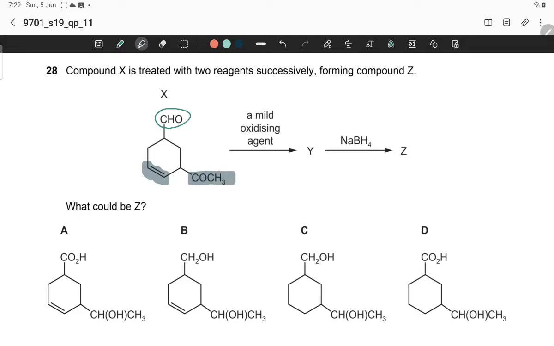A mild oxidizing agent reacts with aldehyde but does not react with alkenes in the ring, and will not oxidize ketone.